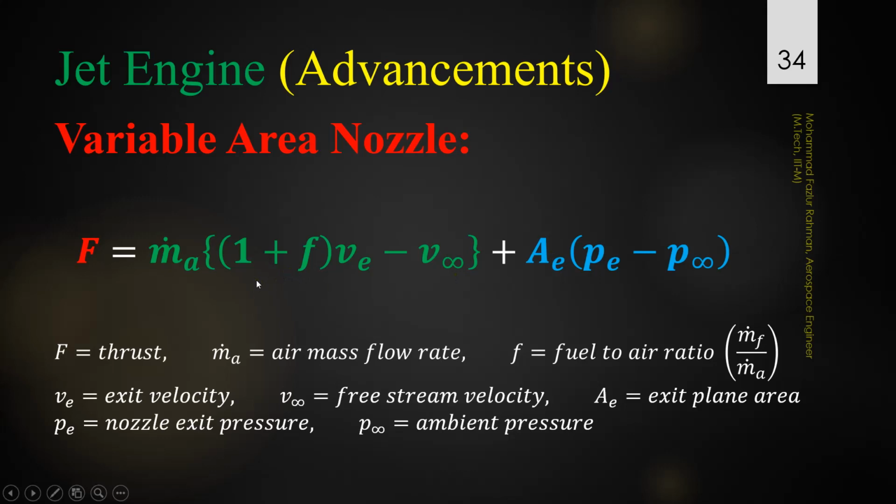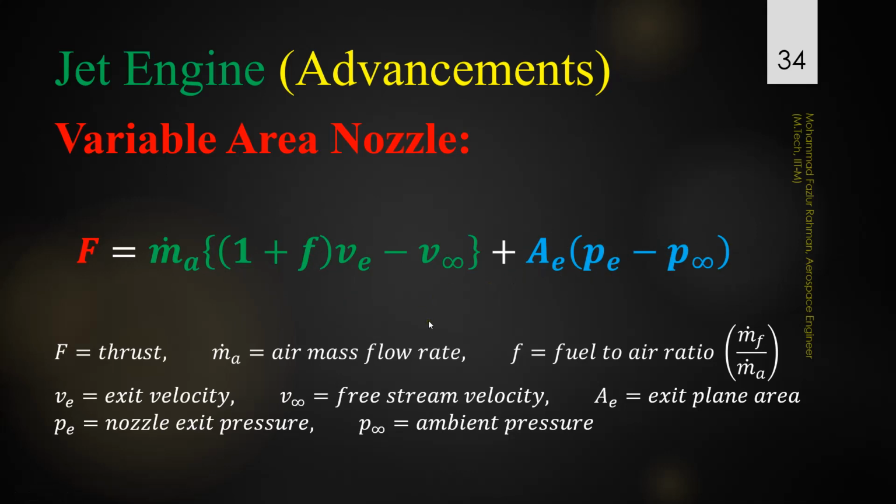Now the general idea is that we should have both as high as possible so that we can have a large amount of thrust production, but the fact is these two parts are not independent. These two are interrelated. So if you try to go for very high momentum change, the pressure change will come down, so this part will come down, and vice versa. The question is which part is important.